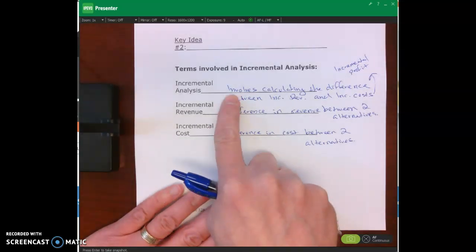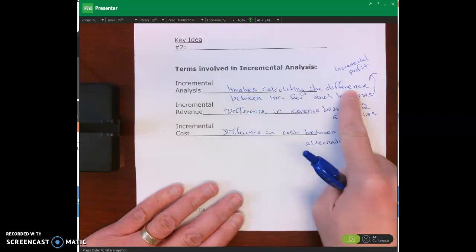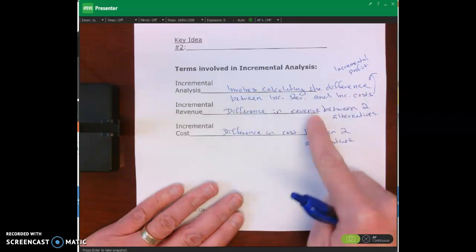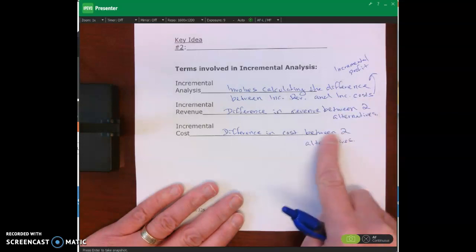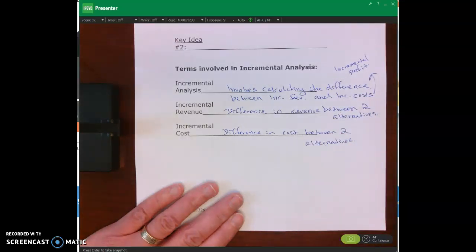And so what I did here with incremental analysis was calculate the difference between incremental revenue, which is my raise versus no raise, and incremental cost, sell versus don't sell the house, the loss of market value. I calculated my incremental profit of $4,000. Because I got an incremental profit from moving, I should move and take that other job at Mary Washington.